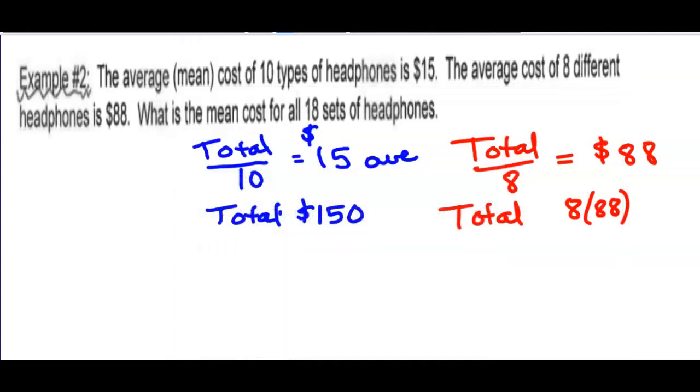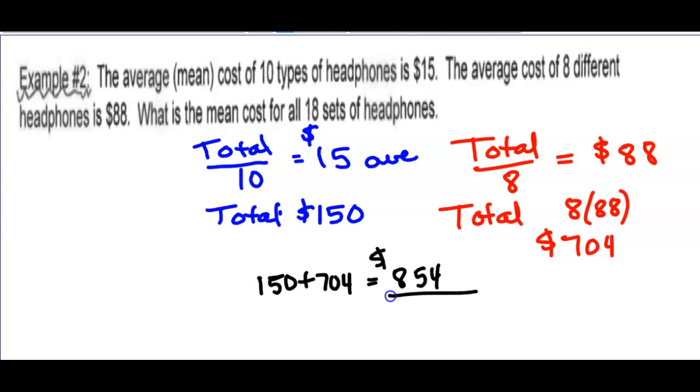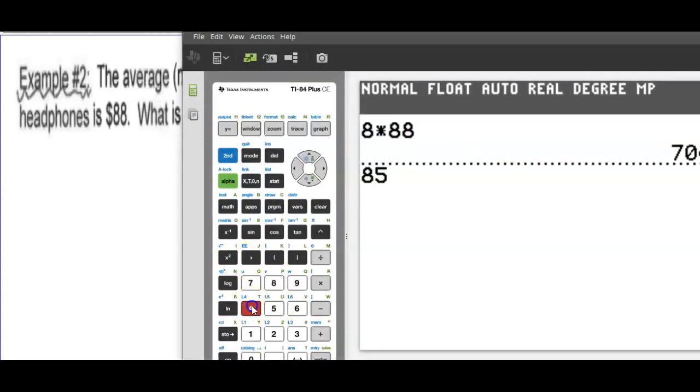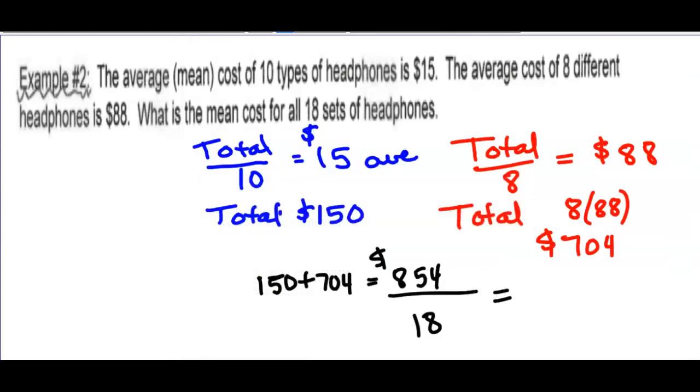So $704 if you were to buy all of those. So if we want to average them together, there's 150 and 704, or a total of $854 worth of headphones. And that was a total of 18 pairs of headphones. So 854 divided by 18 is 47.4. So the average price over all 18 of them is about 47. I think it was 44 or something.